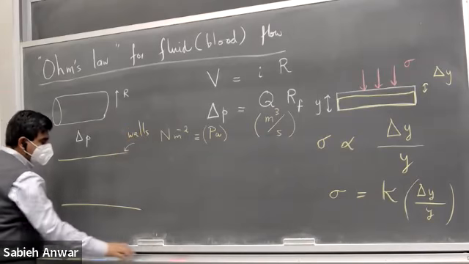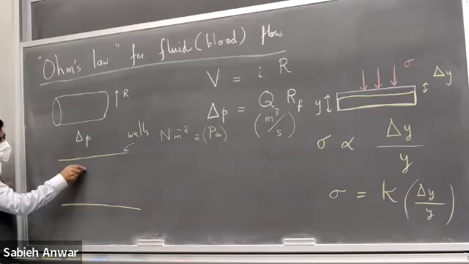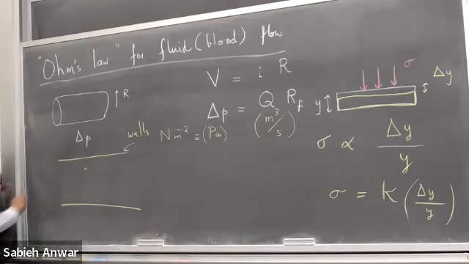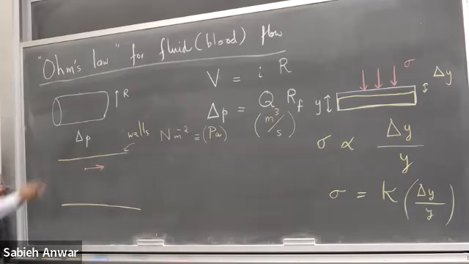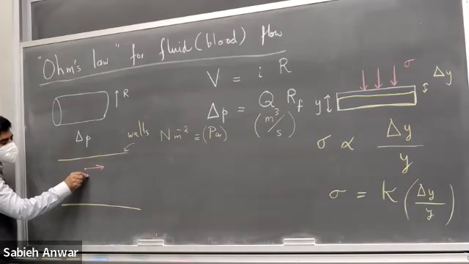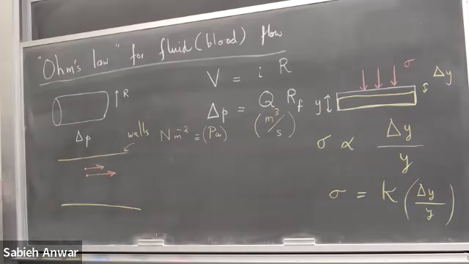And now I consider my fluid, which is blood, and I take a particular point in this pipe. This particle here is moving with some velocity. It's possible that a neighboring particle is moving with another velocity, and these velocities could be different.